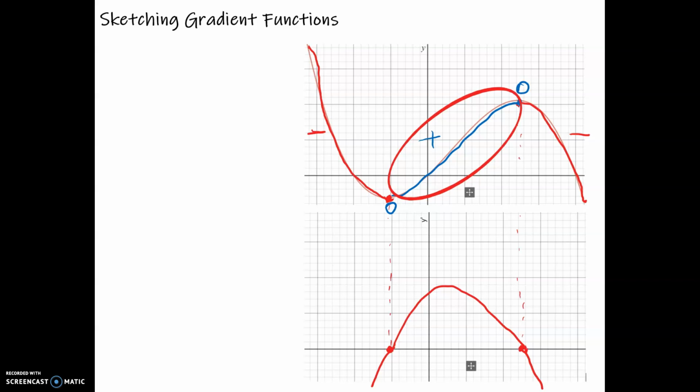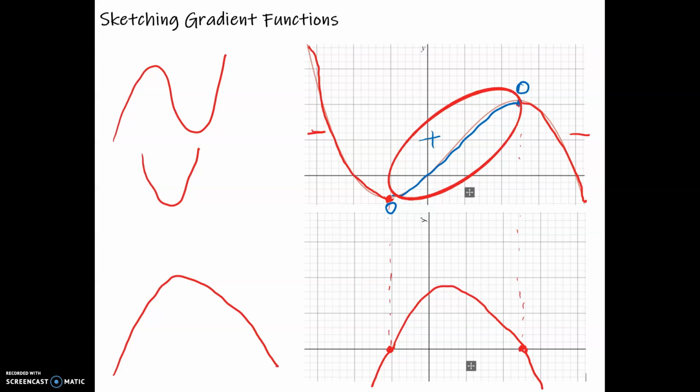Just be aware that your parabola should look a lot tidier than this. Unfortunately, the tablet doesn't allow me to draw a nice smooth curve, but on paper and pencil you should be able to draw a nice smooth parabola, making sure it goes through those 0 points. And of course, if you had a positive cubic, then your parabola would be a positive parabola as well. So that's all there is to sketching gradient functions.